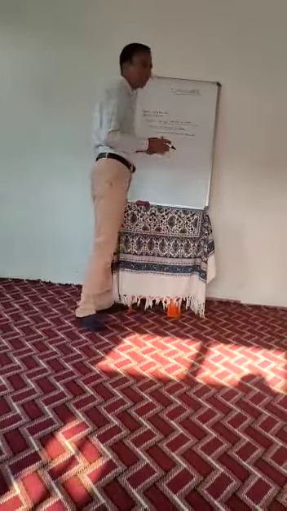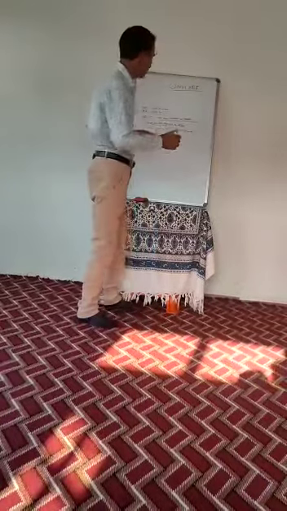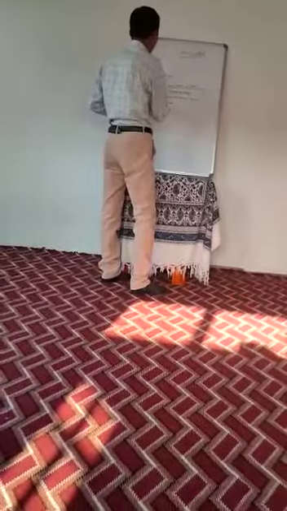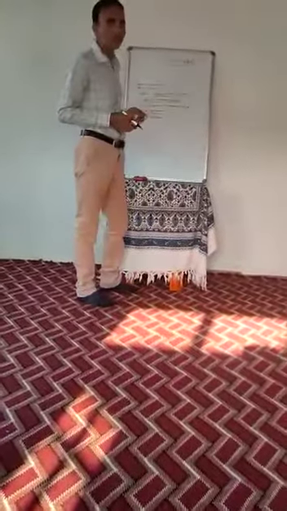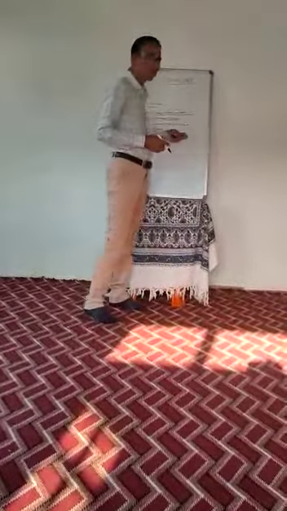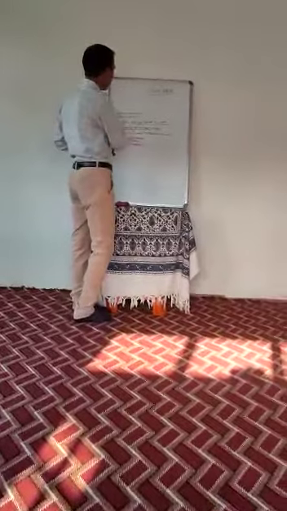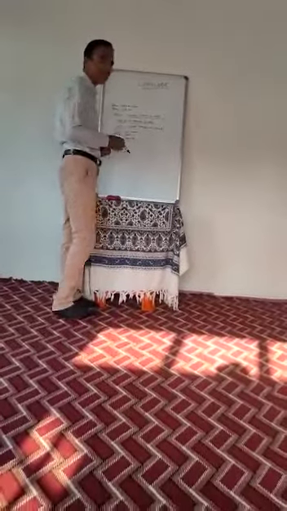There are three types in this Unicode. The first one is UTF-8. What is the full form of UTF? That is Unicode Transformation Format. UTF-8 means it uses 8 bits.